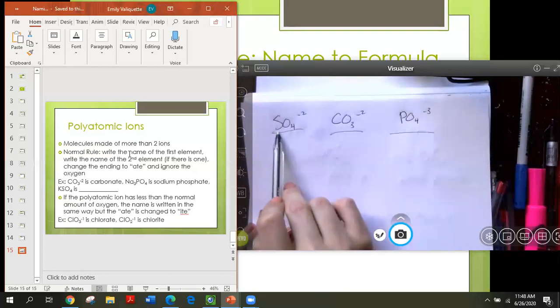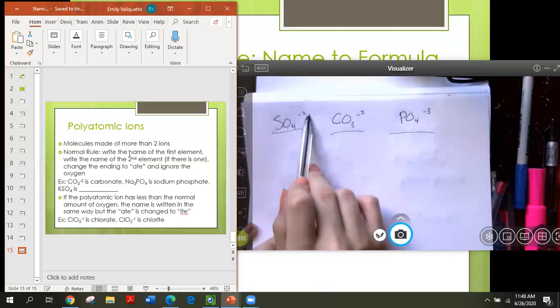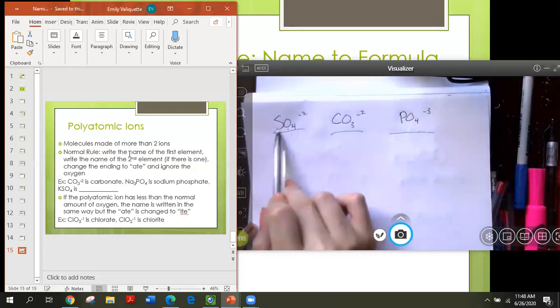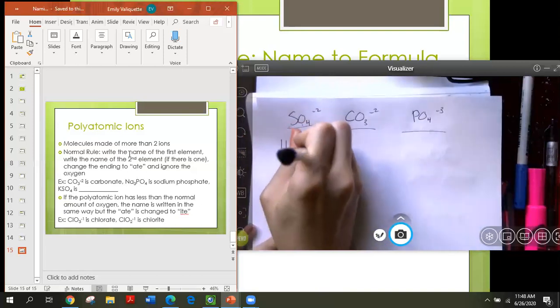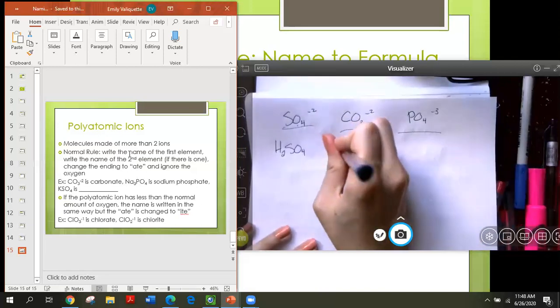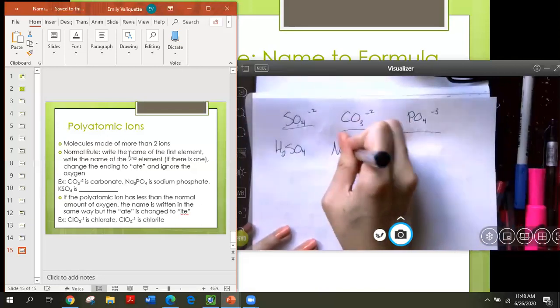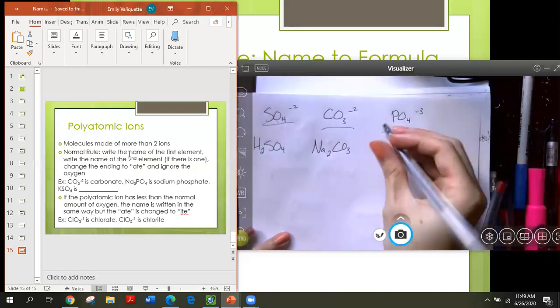It's always a nonmetal bonded to some oxygens with a charge, and that charge could be crossed over, like if this were to bond to hydrogen, or if it were to bond to a sodium. So you might see the charges crossed over.